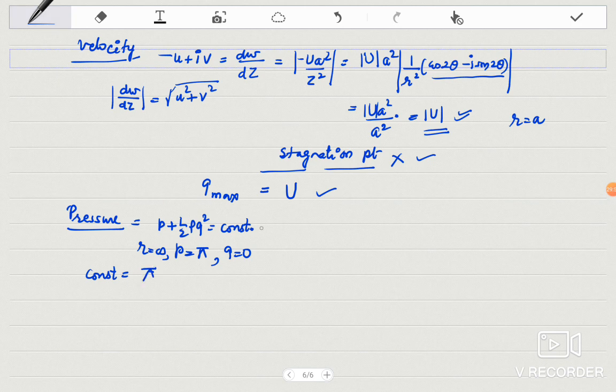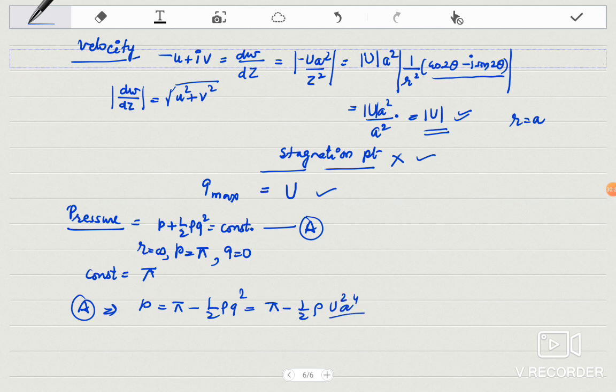So I put this constant, and this implies p is equal to p infinity minus half of rho q square. I may put the value of q square.